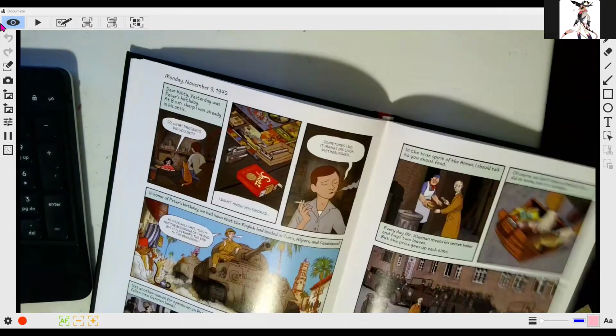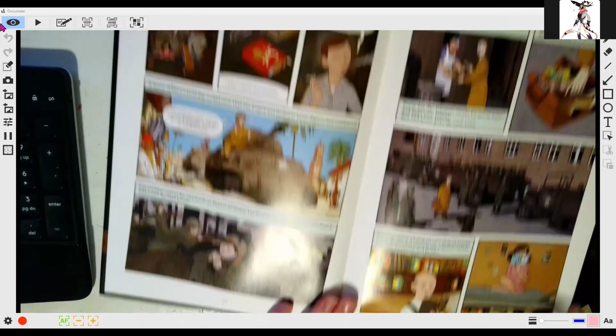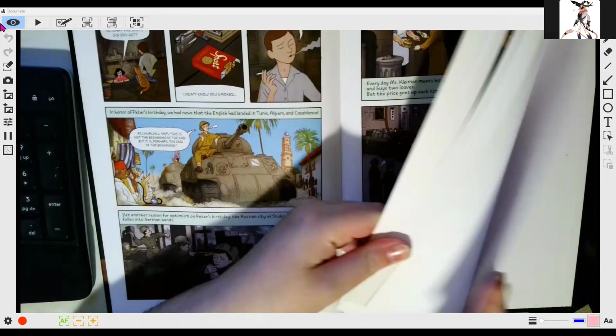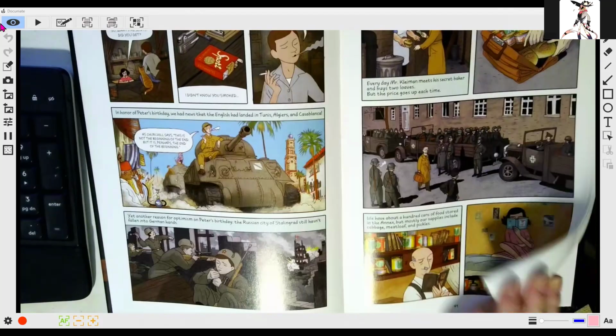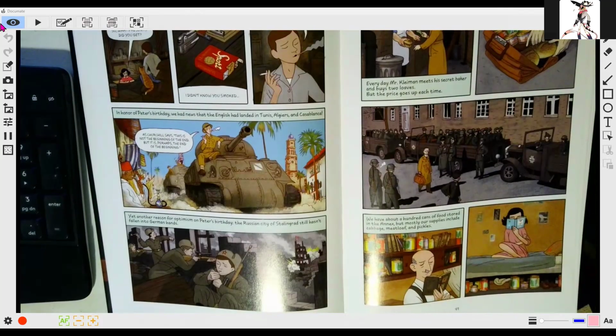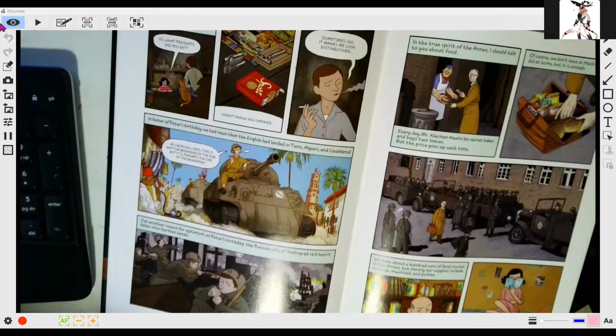And then one thing I like about this book, I also watched the video on it, is it portrays, I don't know what the right word is, what's in the real world and what's in Anne's mind.